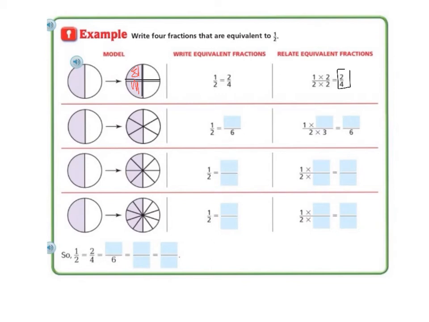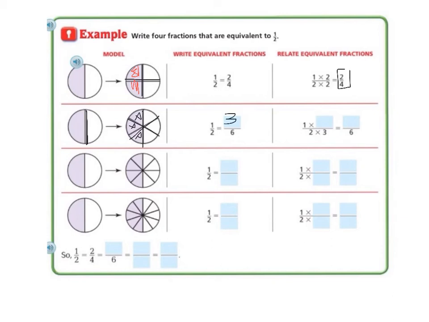So on the left you see we have 1/2, it's split in half down the middle, and then on the right we have split into 6, but we have the same amount colored. And so we know, let's see, there's 1, 2, 3. 1/2 is equal to 3/6.